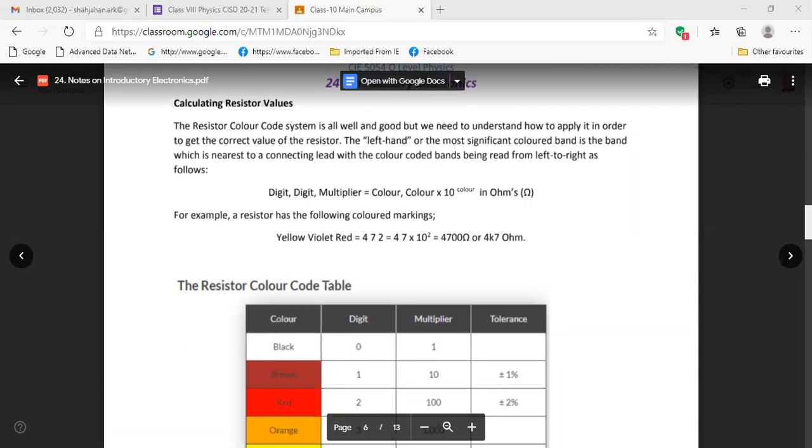If you have more number of turns, then you can have more induced EMF in the secondary, isn't it? And we also got why we are using high voltage in the grid lines: to get less energy loss, isn't it? By understanding from the formula, power equals voltage into current, isn't it?